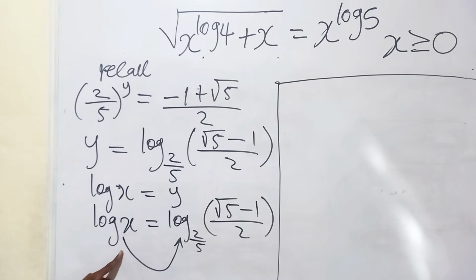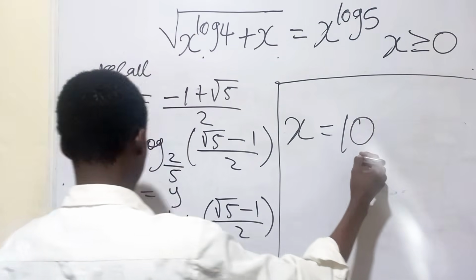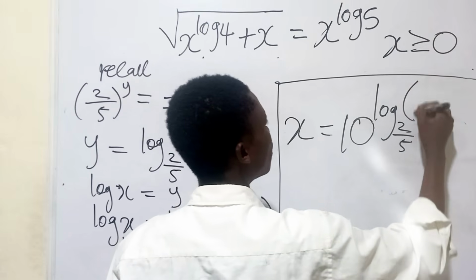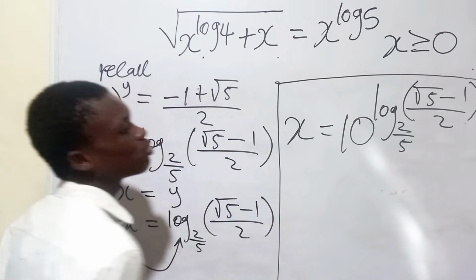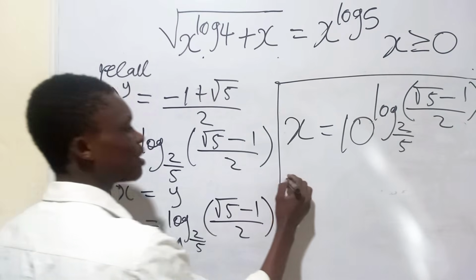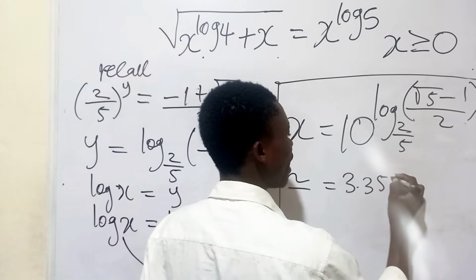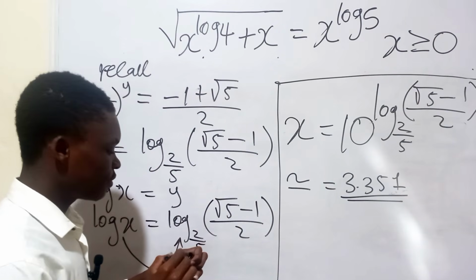So this is coming, I will have that x equals 10 to the power log base 2 over 5 of the square root of 5 minus 1 all over 2. So this is the value of x, and this is approximately 3.351.